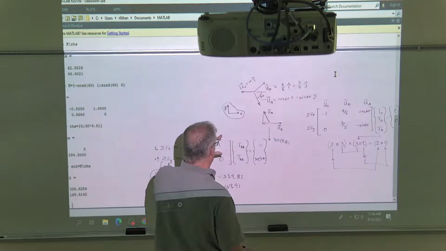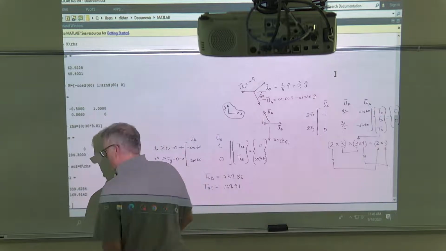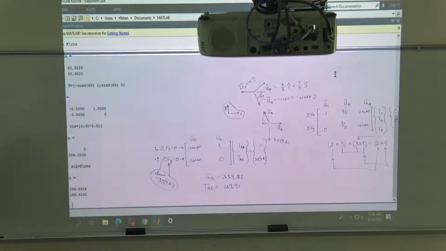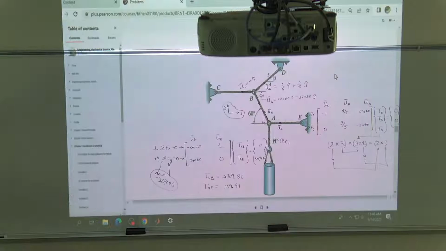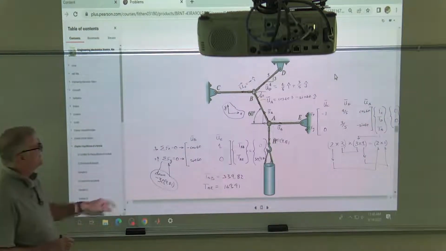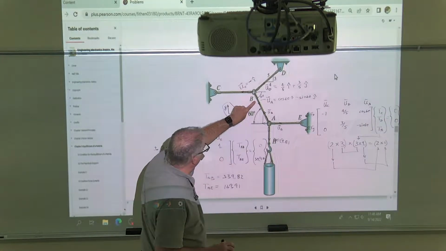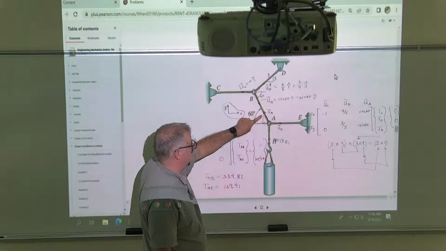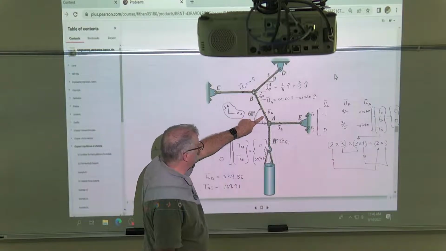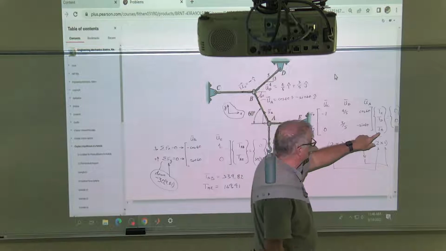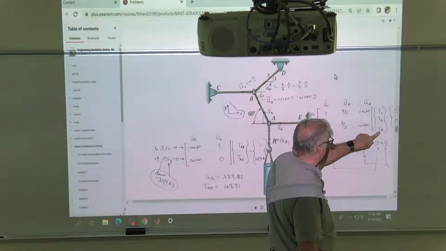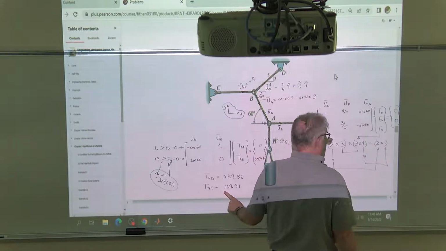Okay, let me bring back the picture now. Doesn't this tension equal that tension? And if it is, that means that has got to be that one.